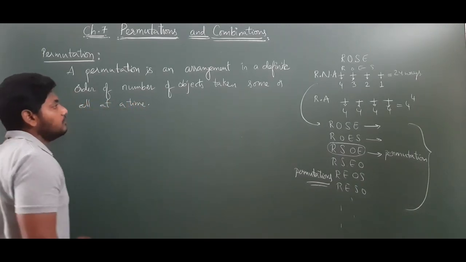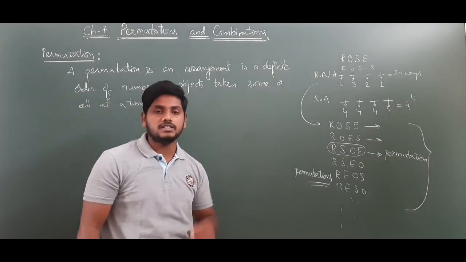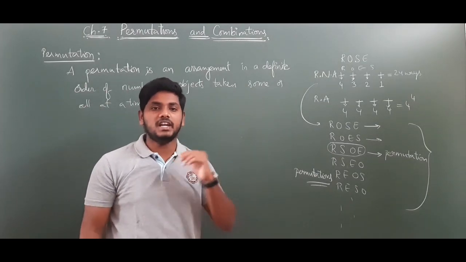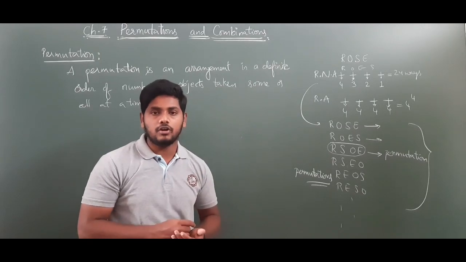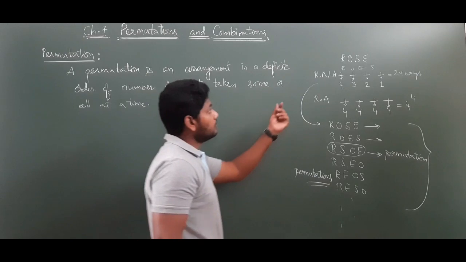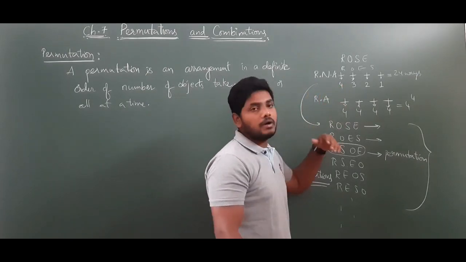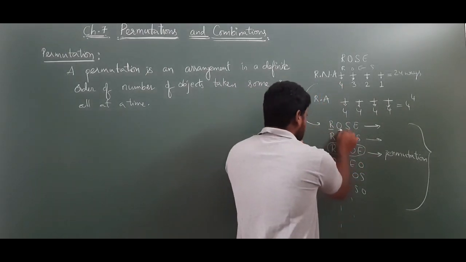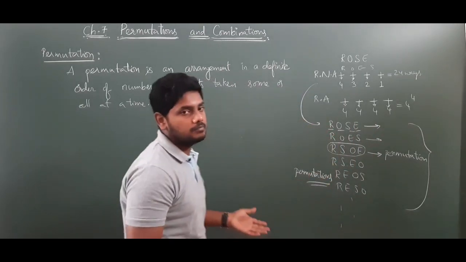This is actually what we call a permutation. What is a permutation? An arrangement in a definite order of a number of objects taken some or all at a time. See here, out of the word we are taking some or all. So we are taking 4 letters, so we are taking all at a time.